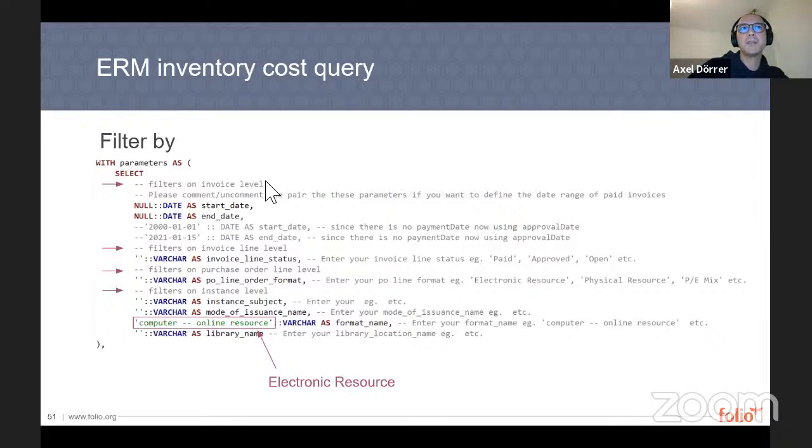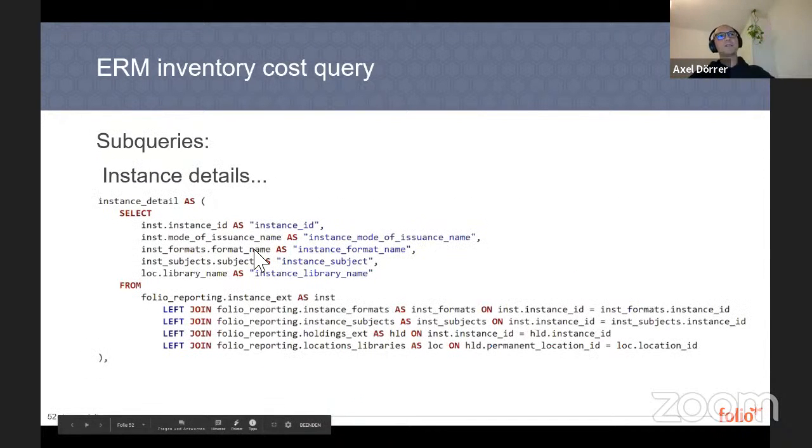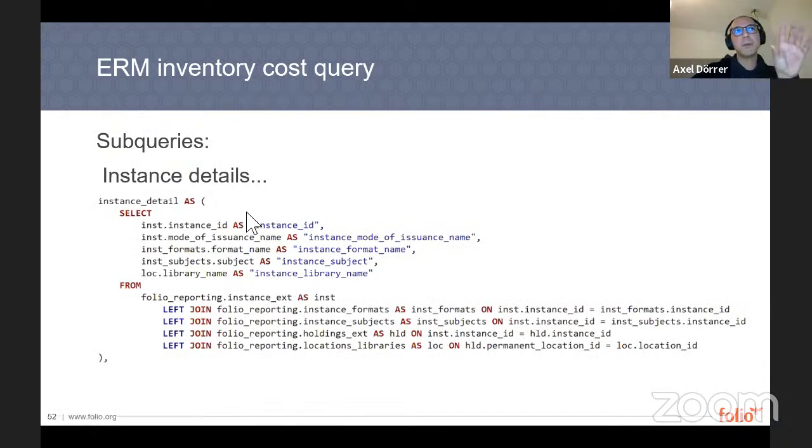So we have the filter on the invoice level, the invoice line level, the purchase order level, and the instance level, which is really interesting because we want to bring in, and this is one of the sub-queries, some details that we might tie to an invoice and the expenditures, to have more insights on how the expenditures can be shown on attributes of instances.